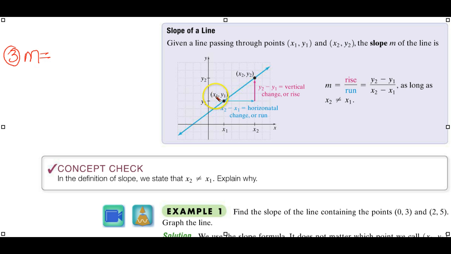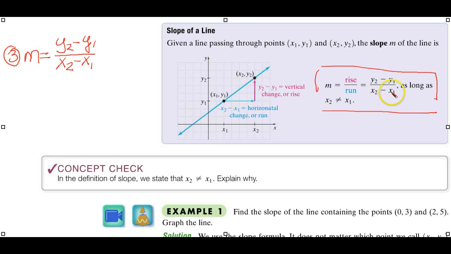Now if we have an ordered pair that we're calling the sub 1s, and another ordered pair that we're calling the sub 2s, it would go in the formula that y sub 2 minus y sub 1 over x sub 2 minus x sub 1. This is your formula for slope.